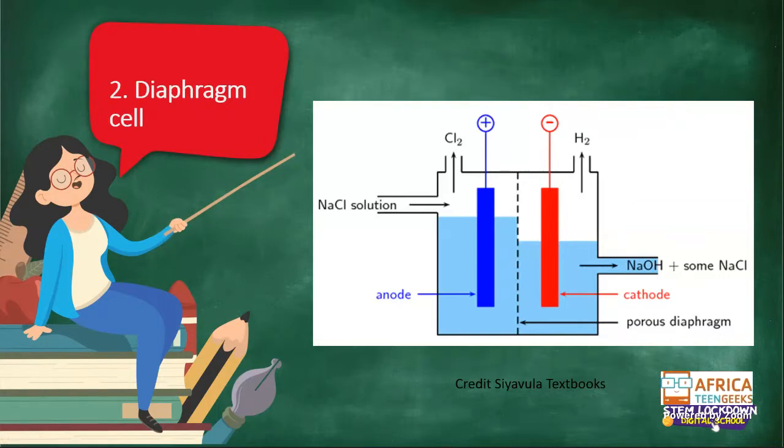So in a diaphragm cell, you start off with your sodium chloride solution, which is your brine again, okay? And there's a current passed through your system, and it separates the chlorine and the sodium from each other. But you now have this little porous diaphragm over here. And what happens is that your negatively charged chlorine will move to the anode, and your positively charged sodium will move to the cathode.